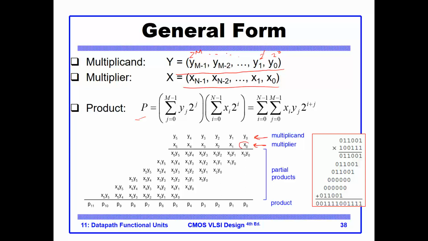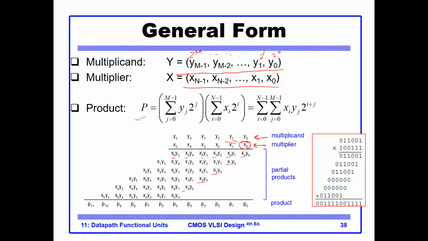We check the first digit of the multiplier, which is x0, and then multiply it with all the bits of the multiplicand. So you can see x0 multiplied by y0, y1, y2, y3, y4, y5.